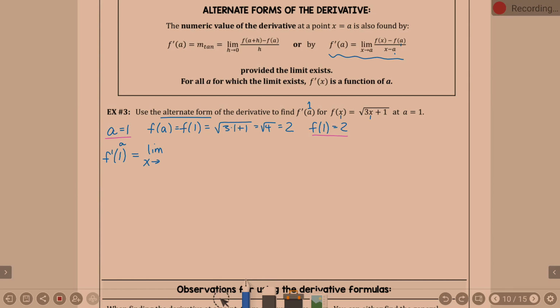So as x approaches 1, of f of x, what's f of x? Square root of 3x plus 1 minus f of a. What's f of a? It's f of 1, which is indeed 2. You guys with me? Denominator, x minus a. X minus, what's a? 1.